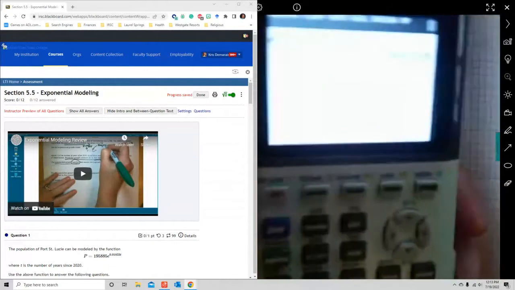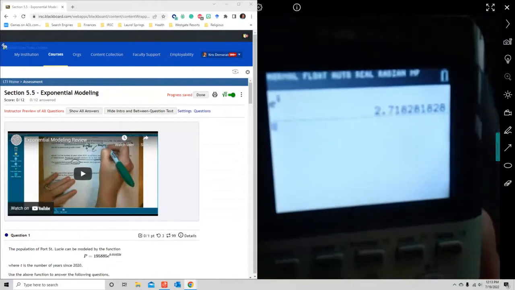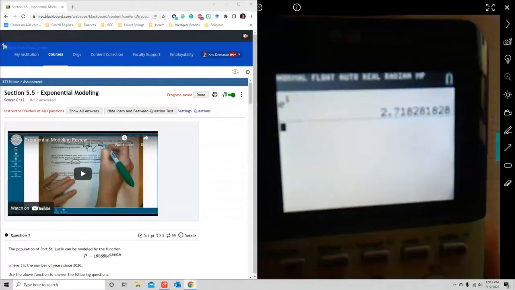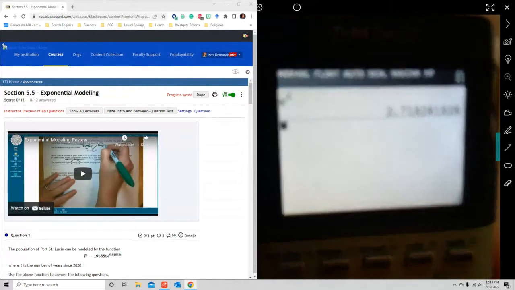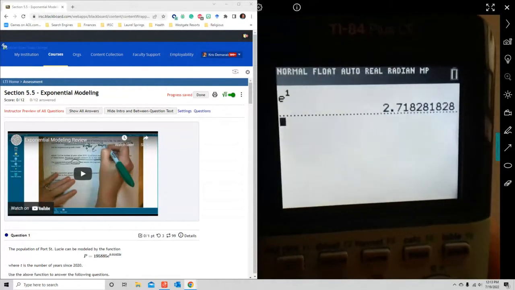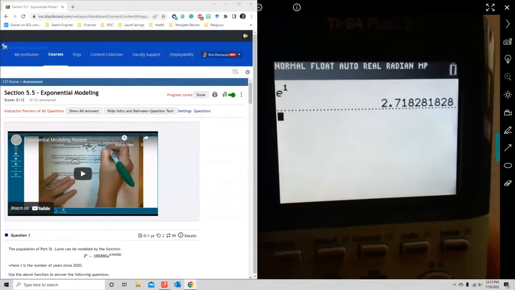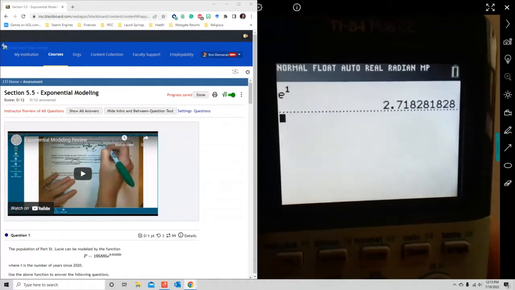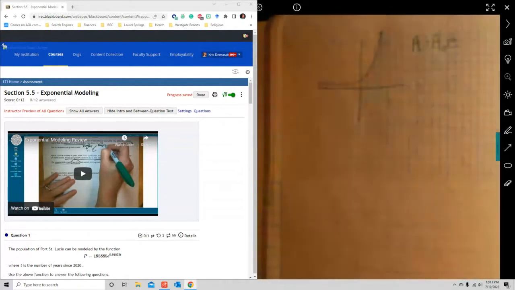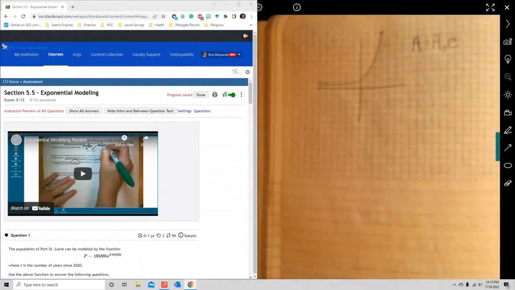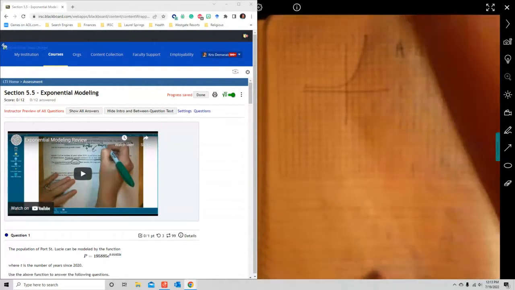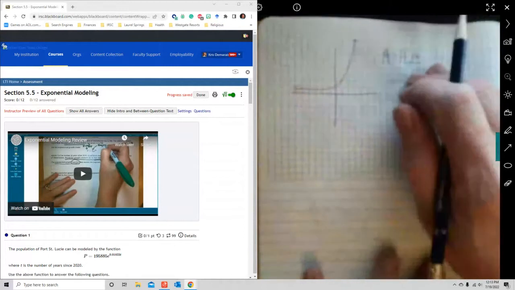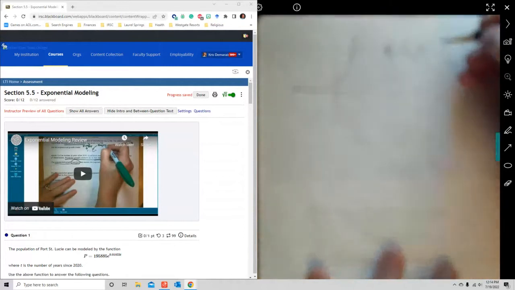I just wanted you to see. You can put it into the calculator as e to the first power, and it'll equal this 2.72 approximate value. So E has a unique property to it. Like I said, it allows you to instantaneously grab the growth model value.